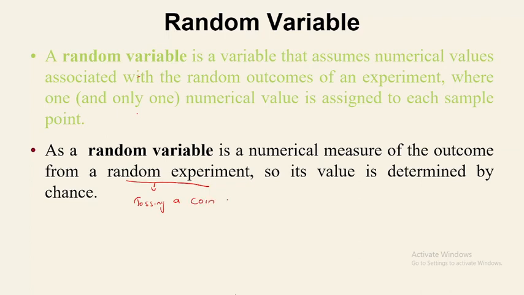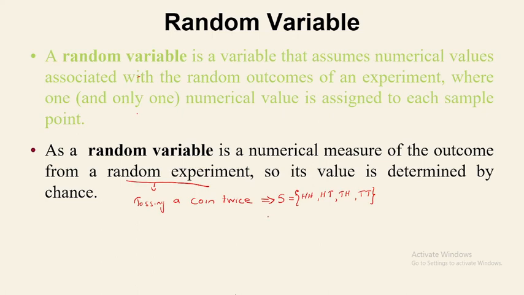Tossing a coin twice, right? From this experiment, what are the possible outcomes we can get? That is your sample space. There are 4 possible outcomes. Both times you can get heads, or first time head and second time tail, or first time tail and second time head, or both times tails. These are the possible outcomes for the random experiment.